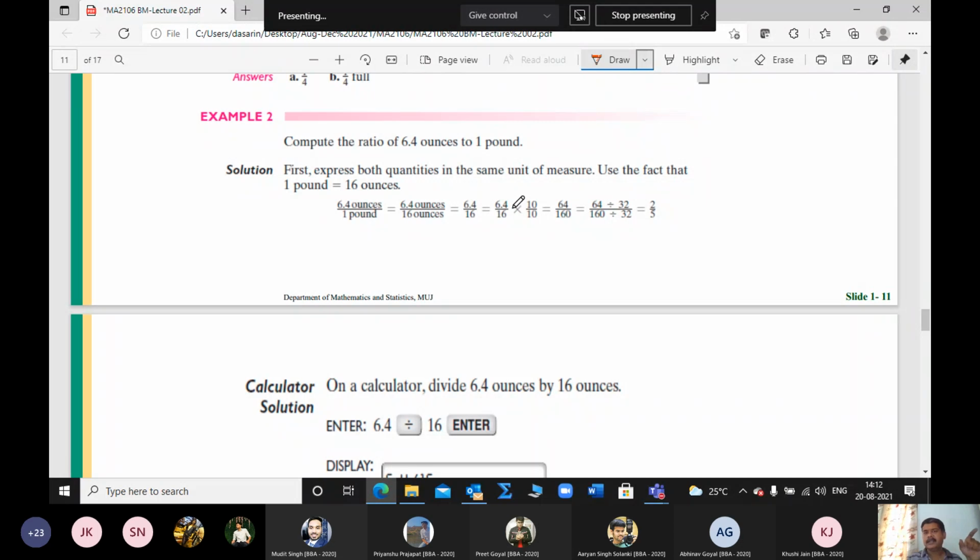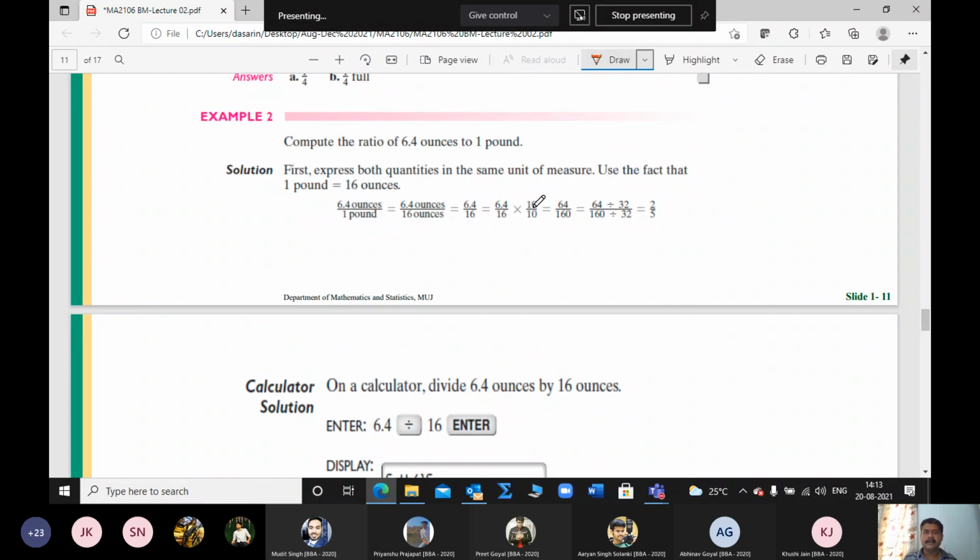There is only one decimal place here. In order to eliminate that decimal place, I will be multiplying by 10, and similarly dividing by 10, so that the 6.4 will become 64.